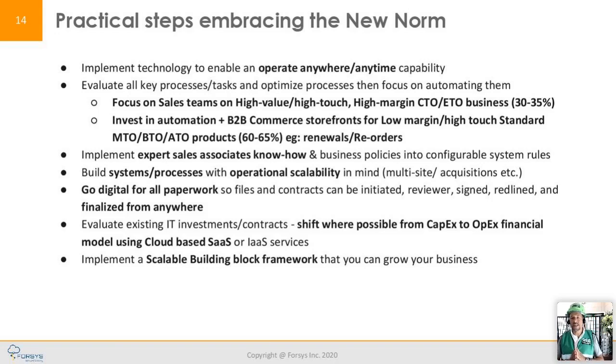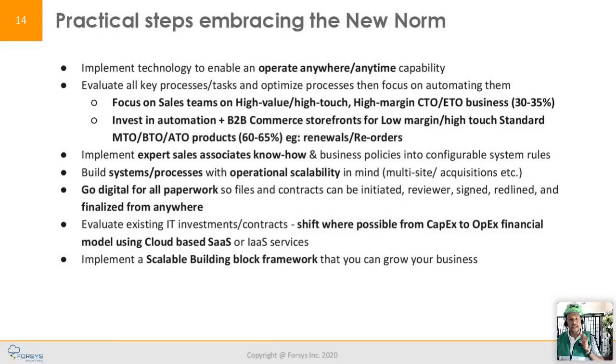It's about taking the investments that may have already been made by your business to operate from anywhere and anytime, and focusing on how you change how your business operates, in a way that allows a technology investment that is incremental and on a lower trajectory, so you don't see that you're spending more money on technology over time and constantly replacing systems. The best way to do that is with the systems that we have put together for some of your competitors, which includes Apttus and Conga, the foundational elements that allow us to build a building block structure.